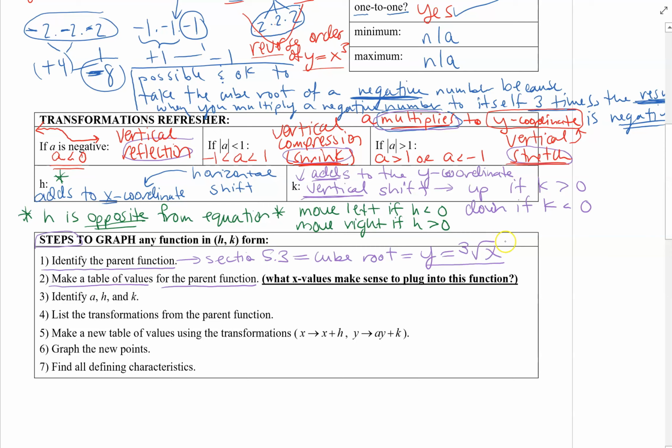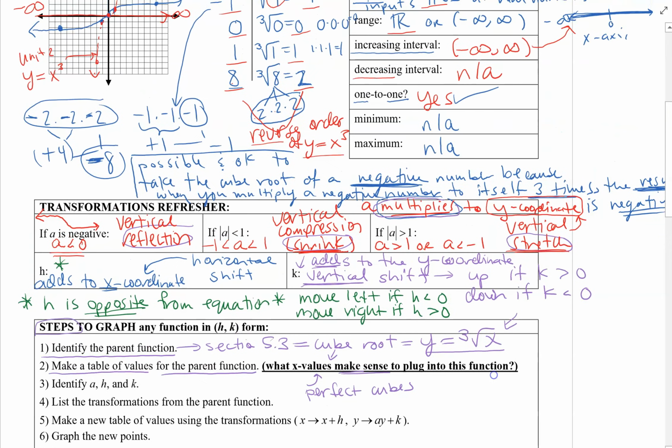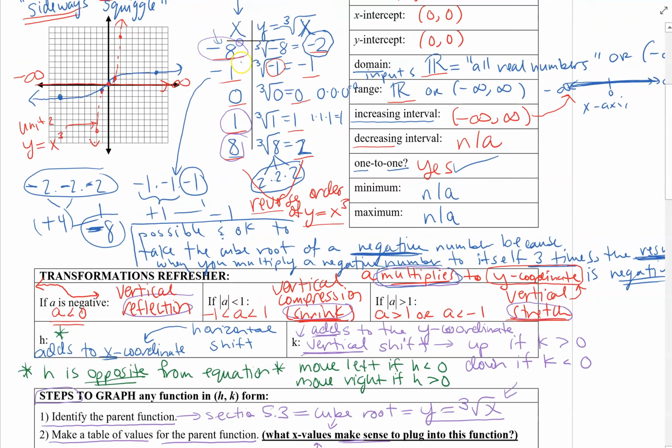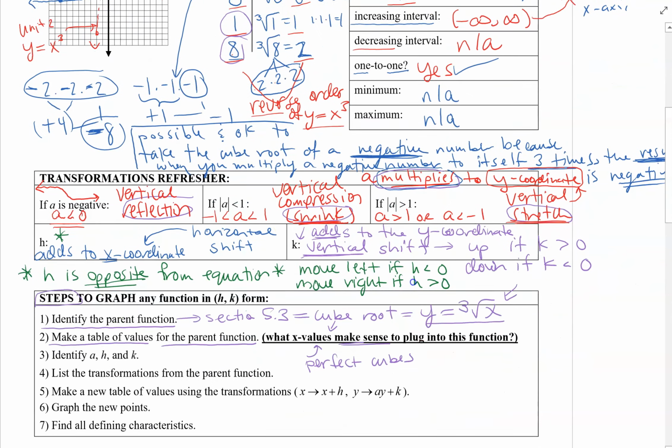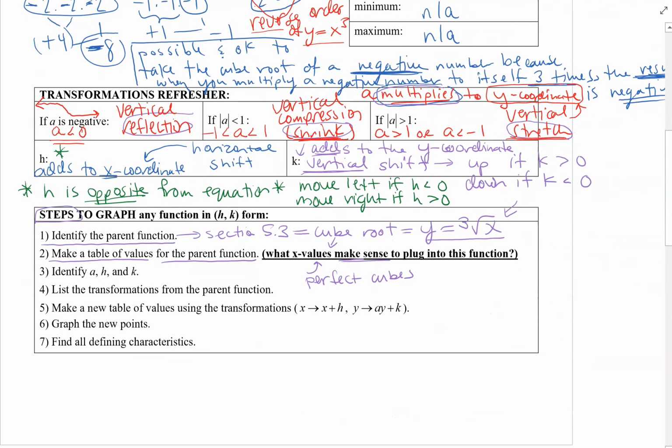Now, when we're doing that, especially for cube root functions and square root functions, we want to plug in x values that make sense, that are easy to evaluate. So again, for this section where we're working with cube roots, we would want to plug in x's that are perfect cubes. X's like 8 or 1 or -8, -1, numbers that you can easily find the cube root of.